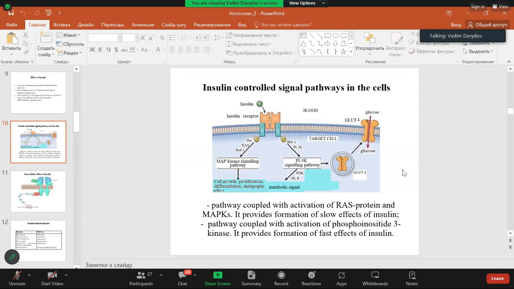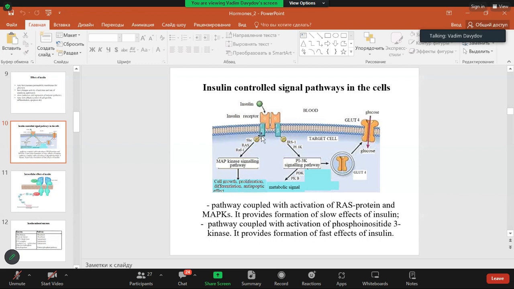The first pathway, please note, is coupled with activation of the so-called RAS protein, which leads to activation of the mitogen activated protein kinase signaling pathway, and that pathway is coupled with regulation of gene expression, regulation of production of protein and nucleic acid.